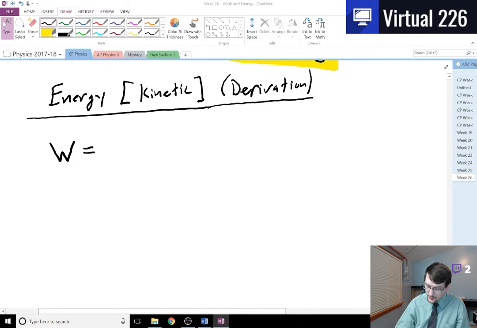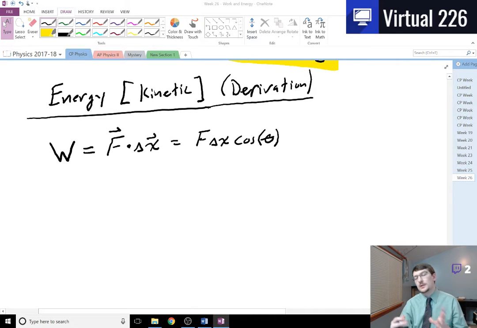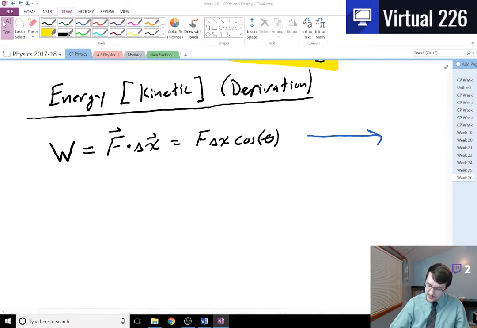If we recall from before, we know work is F dot delta x, where remember that dot product represents F x cosine of theta. We're looking for the parallel components of those forces acting in the same direction. I'm going to assume here, just for argument, that the force and the displacement vector are in the same direction.